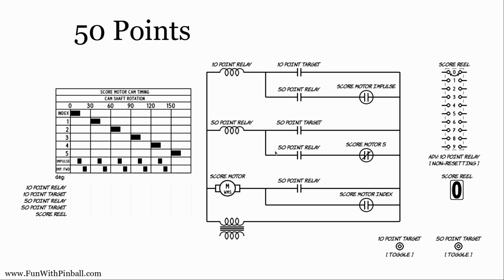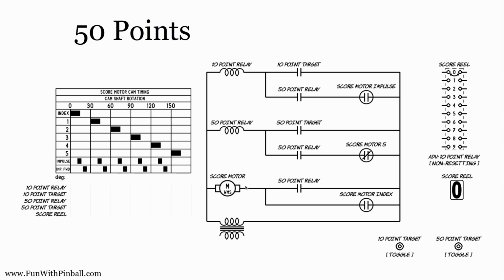This is my lock-in circuit, right? I've got one target that's going to fire this 50-point relay. And then I've got a second path that's going to keep that thing on for some time until this switch opens. So this second piece here is a lock-in circuit that's going to remember I owe you 50 points, and I can't let go until I've given you those 50 points.